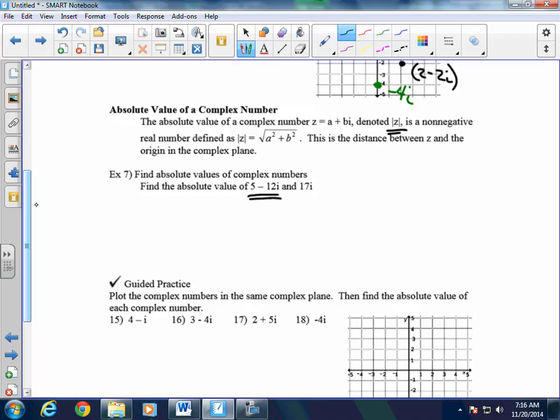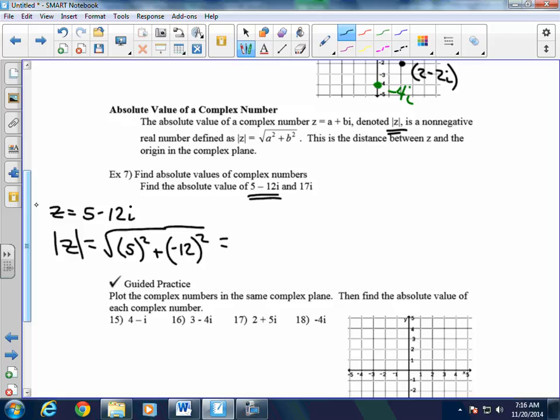So if we write this, z equals 5 minus 12i. Well, the absolute value of z is going to equal the square root of your real part squared, 5 squared, plus negative 12 squared. We're going to figure out what that is.